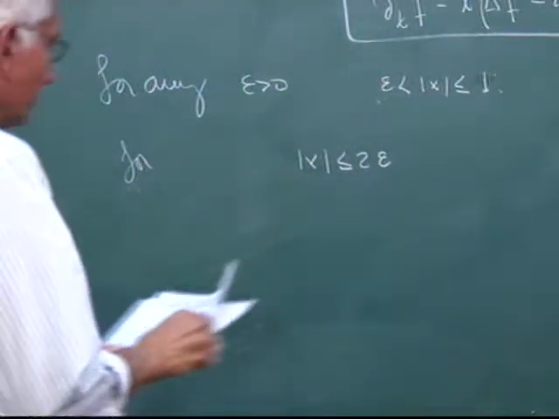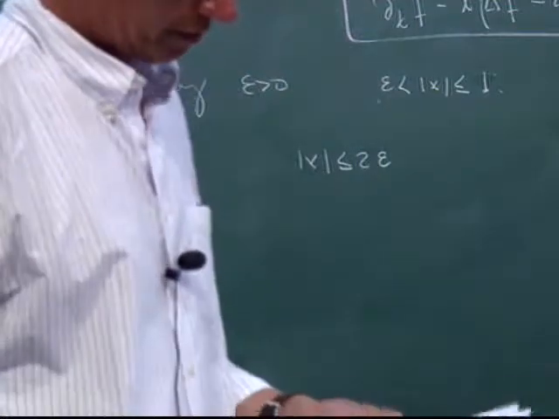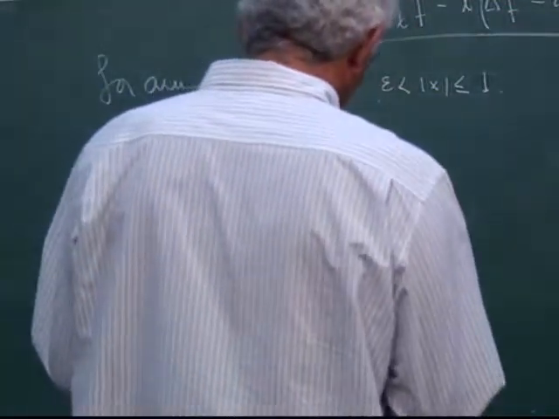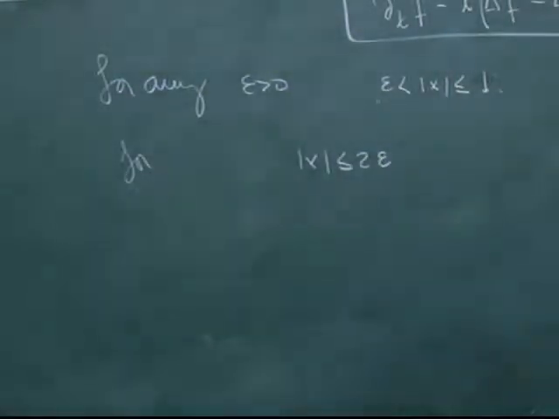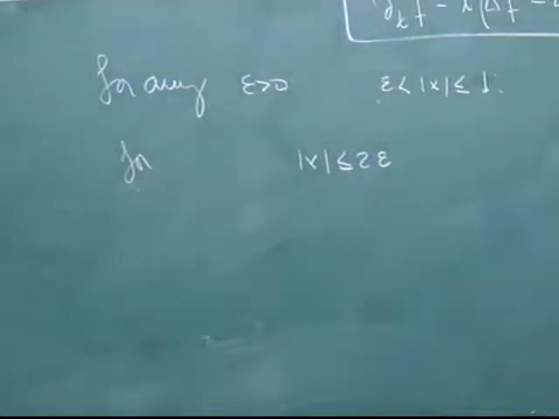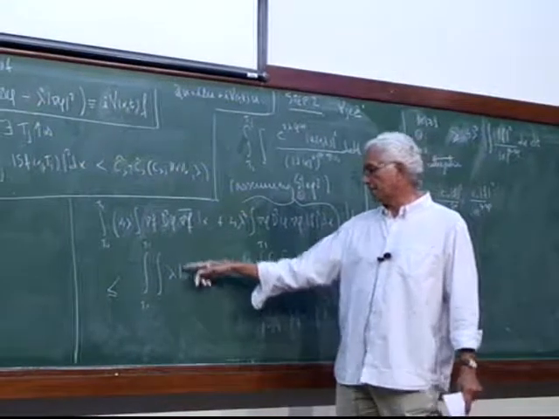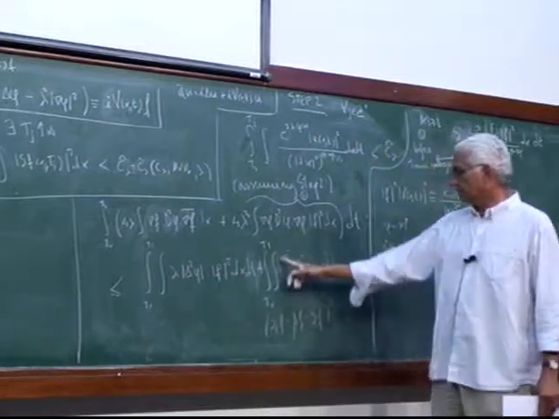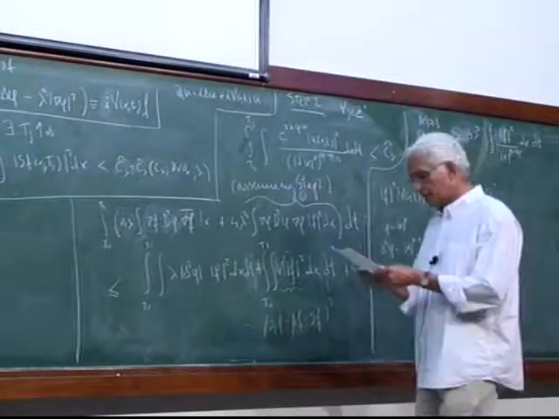You have this. This is bounded, and close to 0, since you don't have control, it will be a number. You have this.